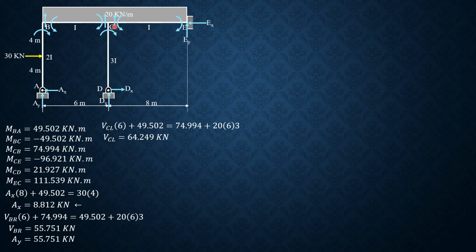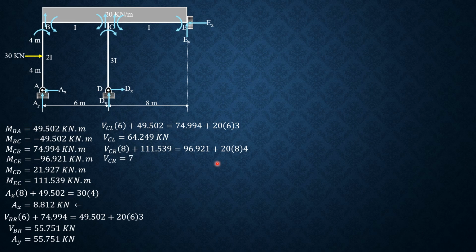Considering CE, summation moment about E is 0. Shear at C just to the right times 8 plus moment EC equals moment CE plus moment of the load, 20 times 8 times 4. So that is shear at C just to the right times 8 plus moment EC, which is 111.539, equals moment CE, 96.921, plus moment of the load 20 times 8 times 4.